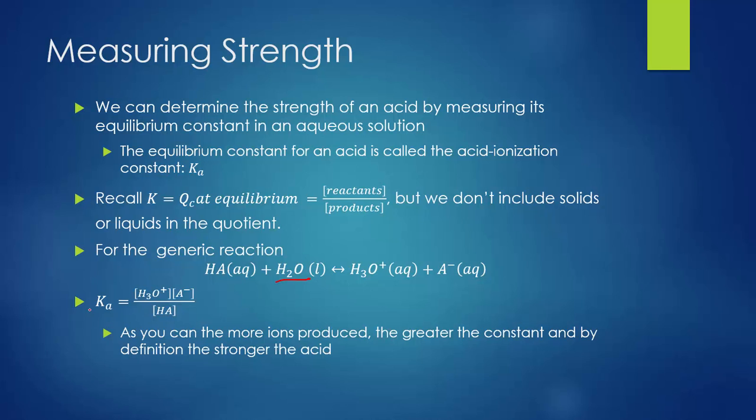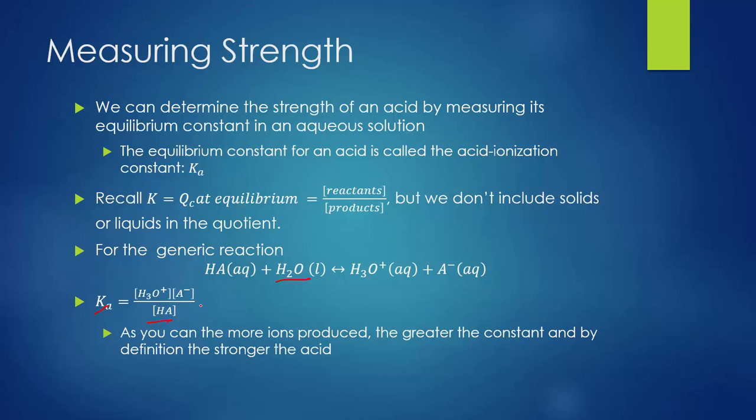So basically the Ka value, or the acid ionization constant, the equilibrium constant for an acid, is given by the concentration of hydronium times the concentration of the conjugate base divided by the concentration of the acid. This is all at equilibrium.